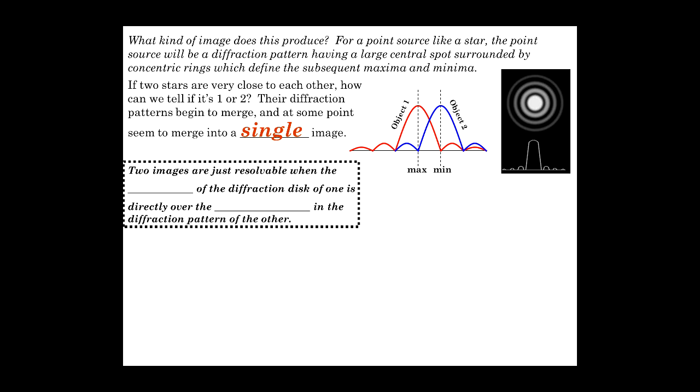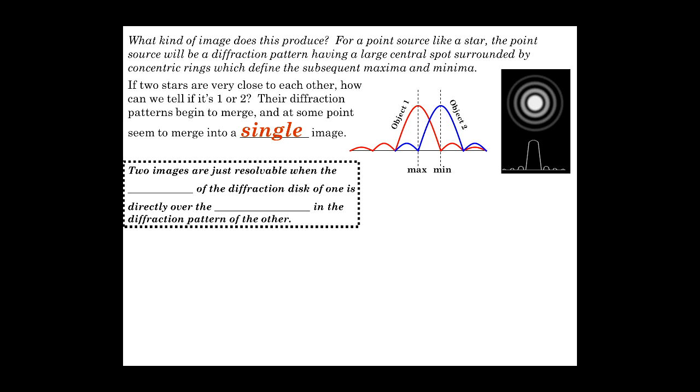Well, if these are highly separated, then it's no problem. You can see the two stars distinctly. But as these get closer and closer, these are not infinitely sharp regions of intensity variation. It's not like all the light from the star is just right at this one point.